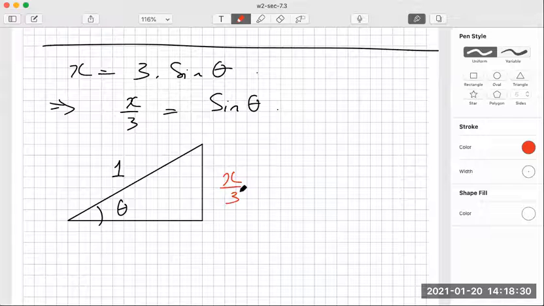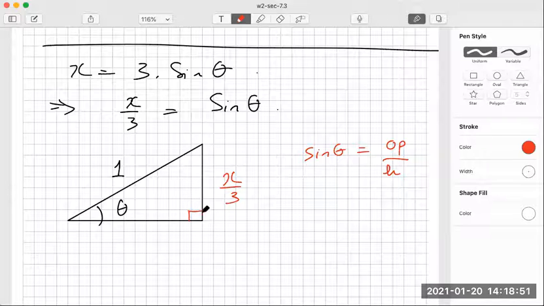Yeah, good job. Right, you see it? Sine theta will be opposite divided by hypotenuse, which is X over 3 over 1.